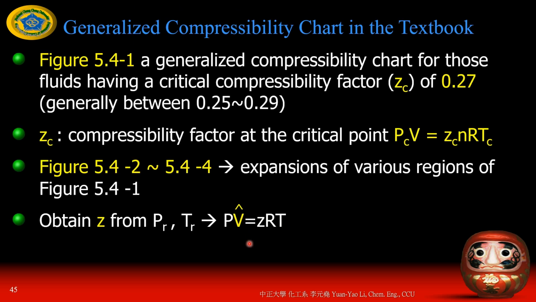At this moment you might say, well, professor, something is wrong. If I give you pressure and temperature, you can find out the volume. What happens if I already know the volume and I want to know the pressure? Can I get the answer of Z?